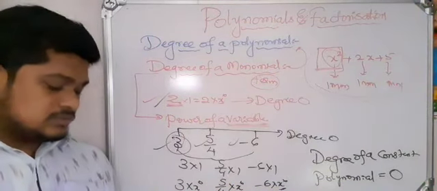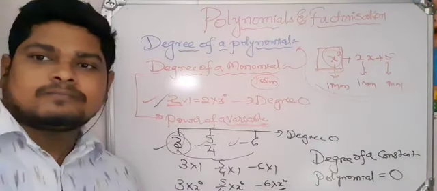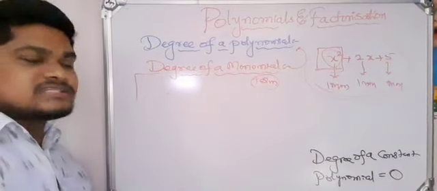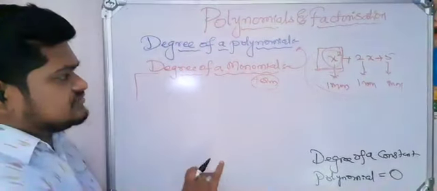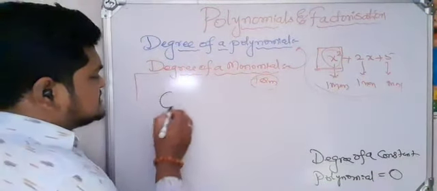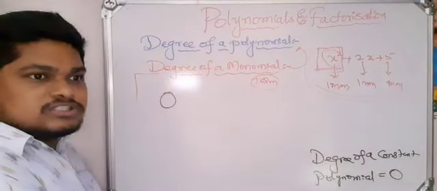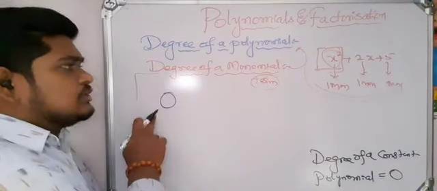Okay, next, we were taking constants. Now, in place of this, I should consider only a single 0. Is 0 a monomial or not? 0 is a monomial.